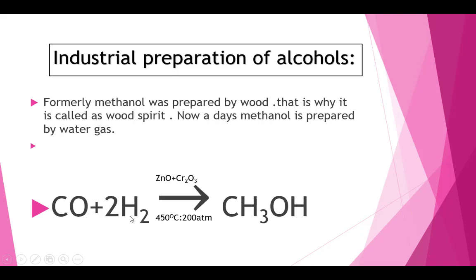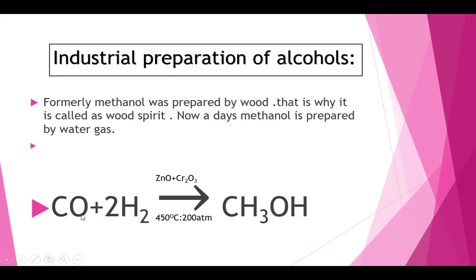Carbon monoxide and hydrogen gas, this water gas is converted into methanol under the conditions of 450 Celsius temperature and 200 atmospheric pressure. The catalyst required is zinc oxide and chromium oxide.